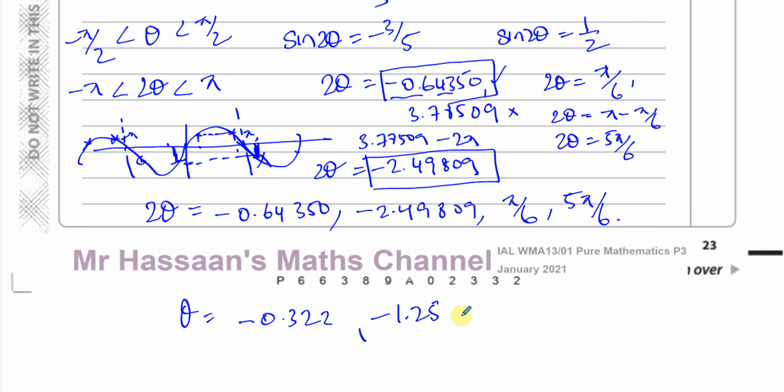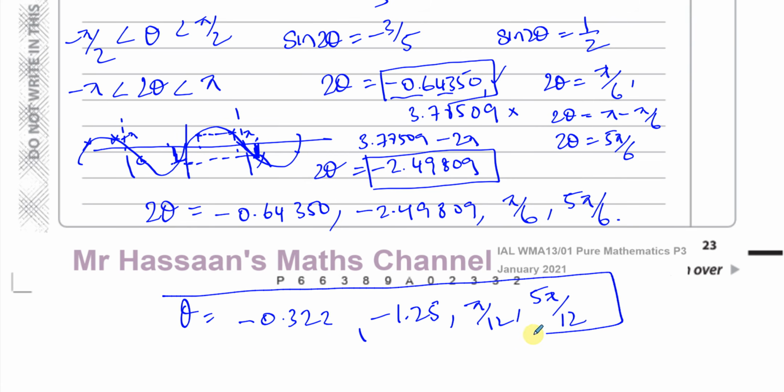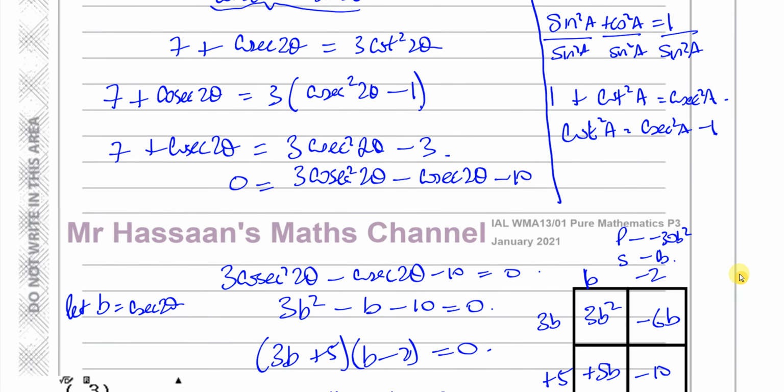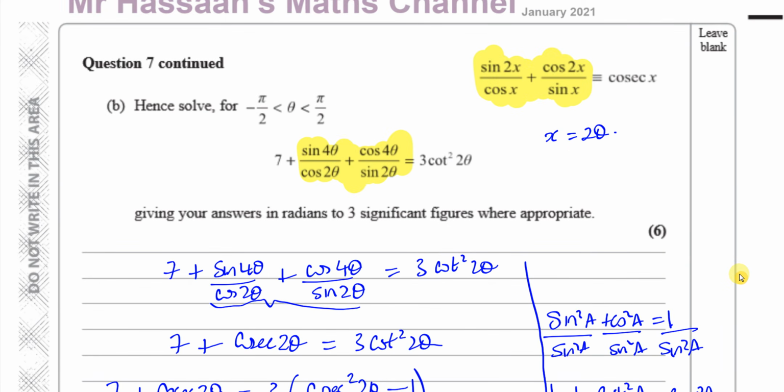Yep. And then I have pi over 6 divided by 2. If I divide this by 2, it's like multiplying by a half. It's going to be pi over 12. And this would be 5 pi over 12. And those are my values for theta. I've written down the ones that are appropriate to be given to 3SF in 3SF, and the ones that are not appropriate to give in 3SF, which you can get things in terms of pi, and I have solved this question. Okay, I hope that was clear and understandable.